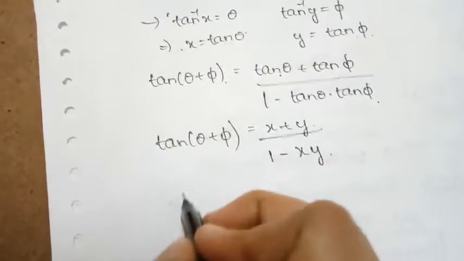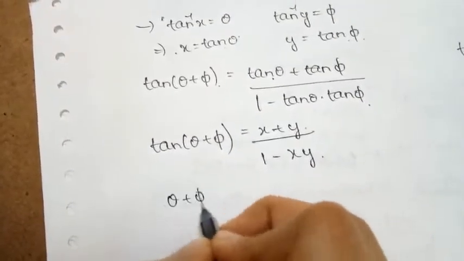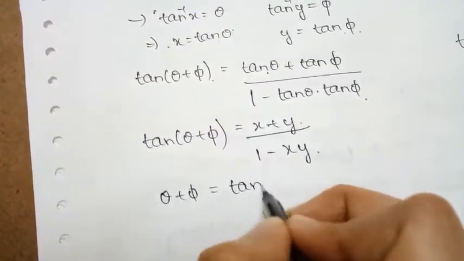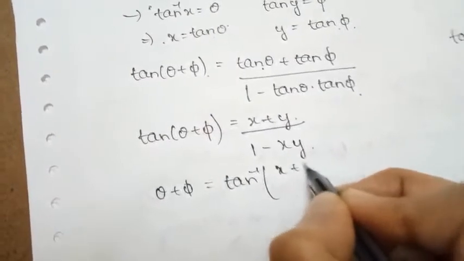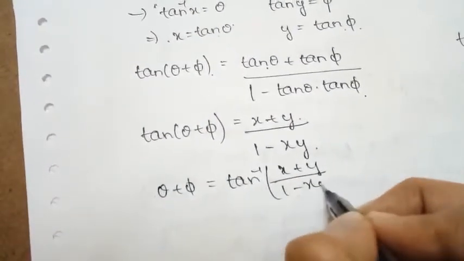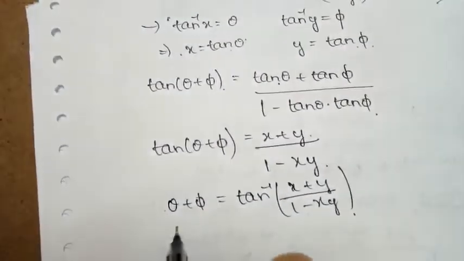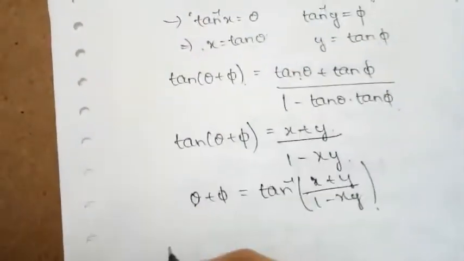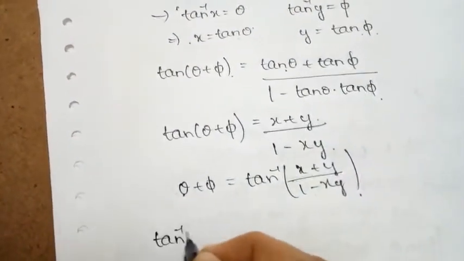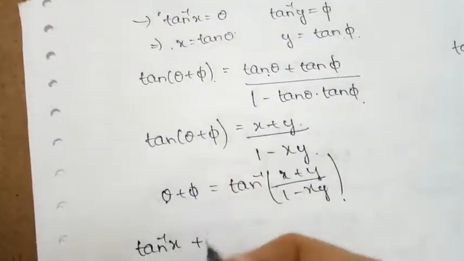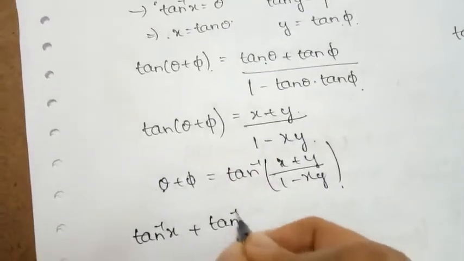Taking this tan to the RHS, we are going to get tan inverse of x plus y divided by 1 minus x into y. What is theta? That is nothing but tan inverse of x. What is phi? That is nothing but tan inverse of y.